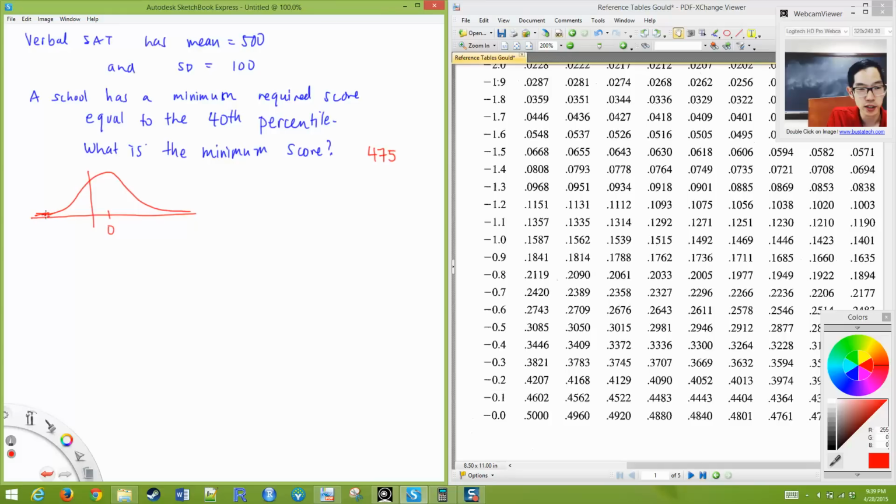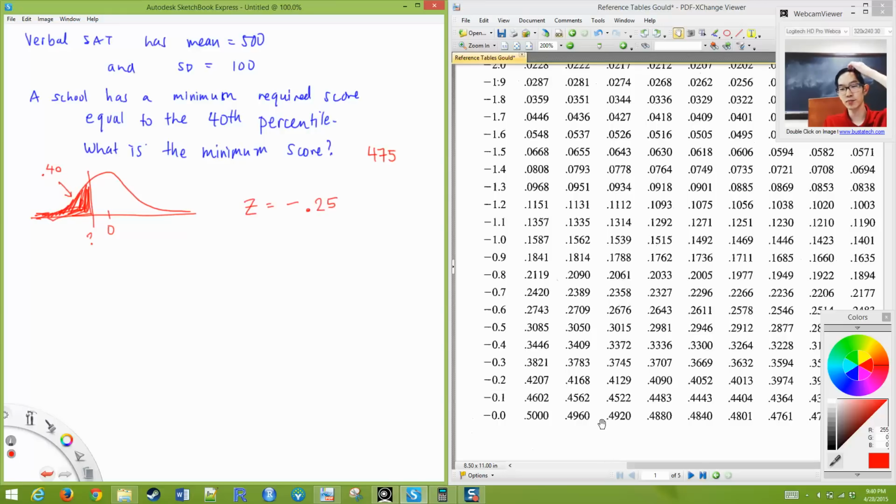Z equal to negative 0.25 gives an area to the left of equal to 0.4013. This is the closest number to 0.40. Okay? So if Z is equal to negative 0.25, what score does that correspond to?